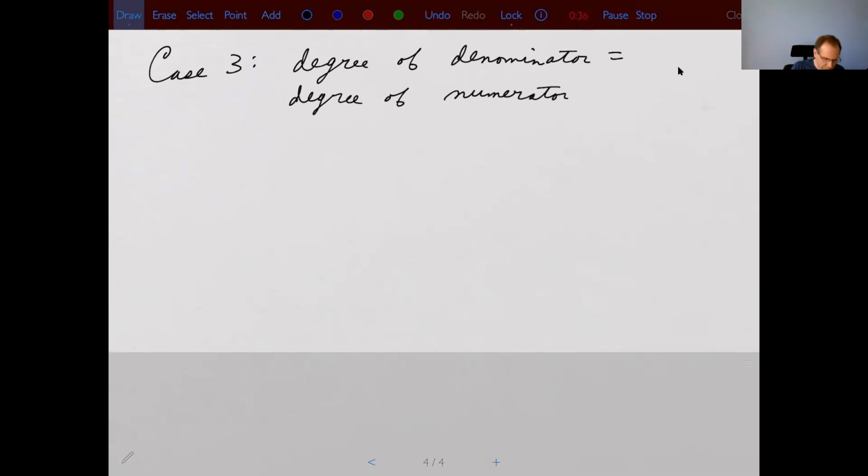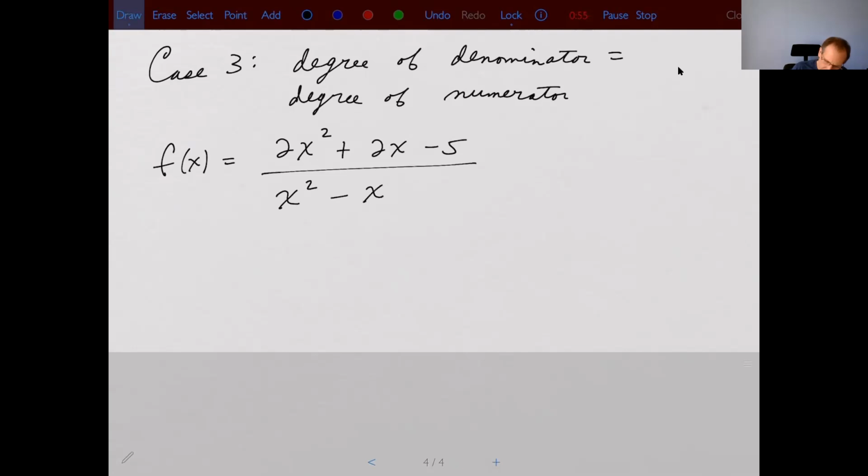So an example of that would be the following. Let's say I have a rational function f of x equal to 2x squared plus 2x minus 5 over, say, x squared minus x plus 3.